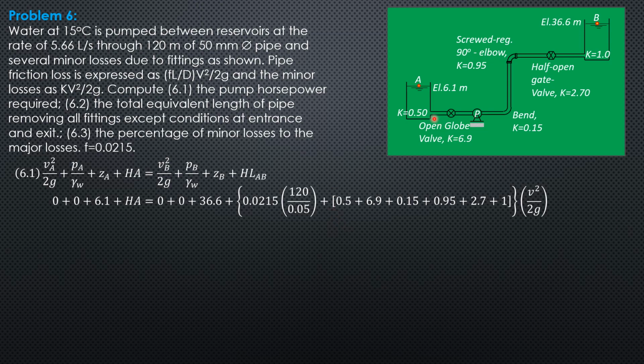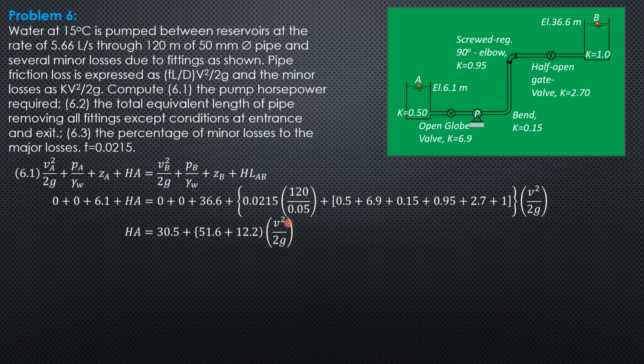Beginning with the entrance, we have 0.5 here, plus 6.5, plus 0.15, plus 0.95, plus 2.7, plus submerged exit 1, all functions of velocity head. So simplifying, head added is 30.5 plus the first term due to major loss is 51.6. Adding all these, 12.2 of the velocity head.